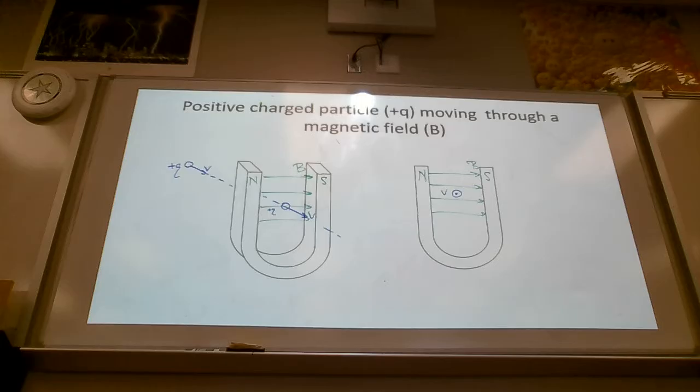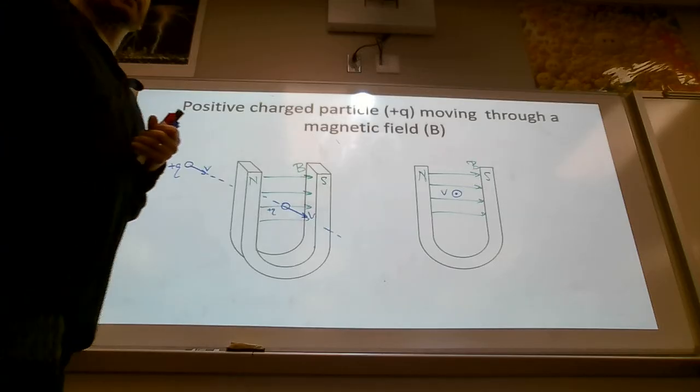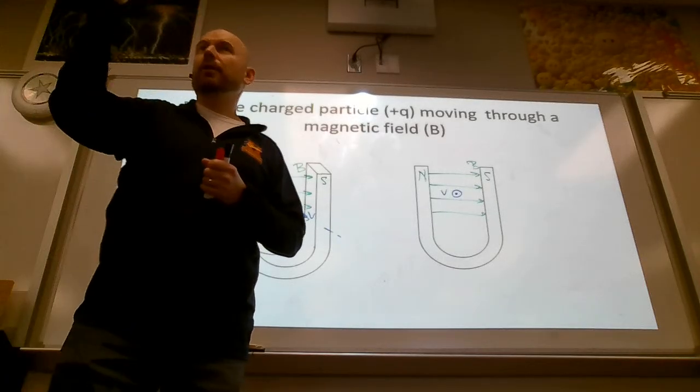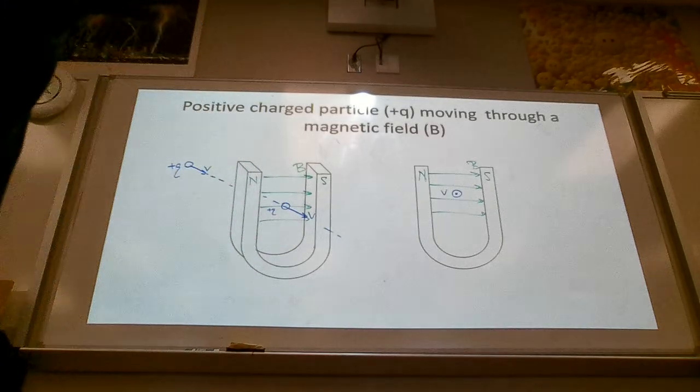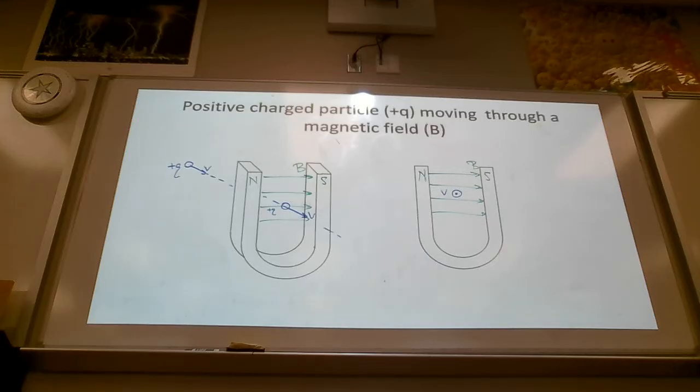Your thumb in right hand rule number 1 corresponds with what? Current. It will continue to be current in a wire, but it also can represent velocity if you're talking about a charged particle. Both signify which way things are moving. Good at that?